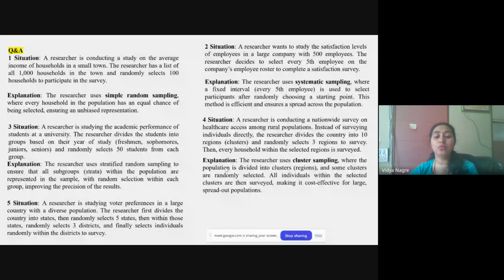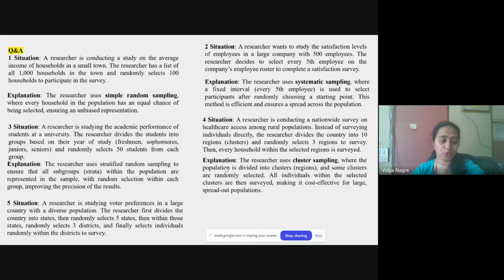We made clusters first, and then selected particular clusters, and under those clusters, we study the whole population. Here we are not selecting only 100 or only 50. We are studying the whole population, because this is very cost effective for a large and spread out population, achievable within the capacity of your research, and the conclusions are accurate then.